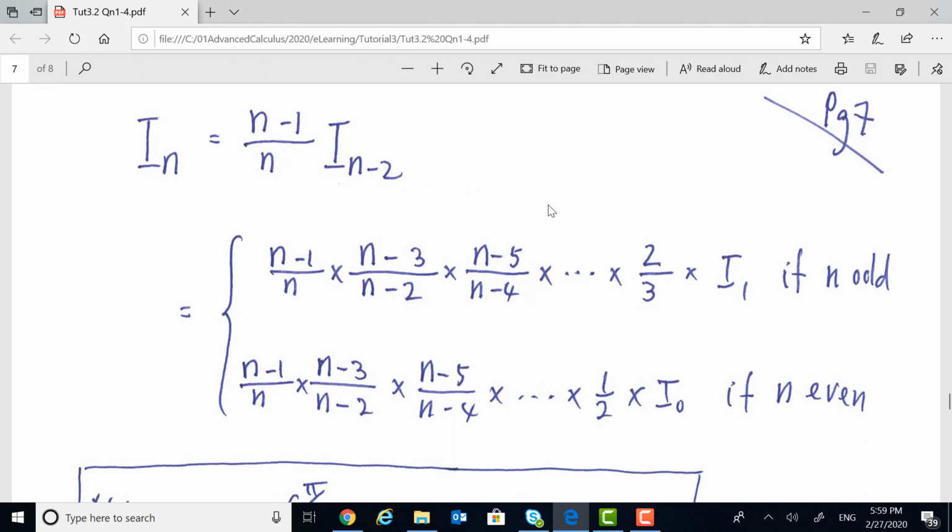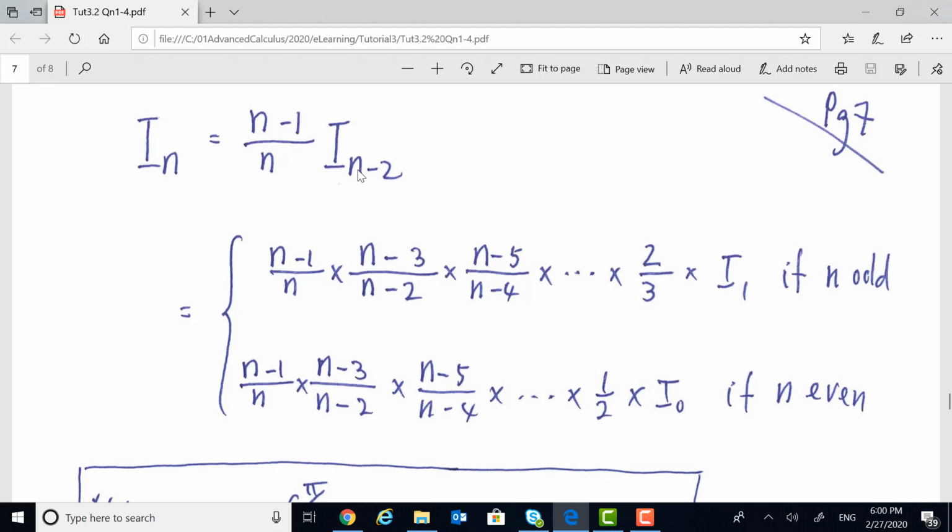Can you see? So you try a small number, you realize that when n is odd, you will end with 2 over 3 of I1 at the end of it. Likewise, when n is even, to see that you end up with this, you try with some small number, say for example, I6. I6 will end up with 5 over 6 I4.